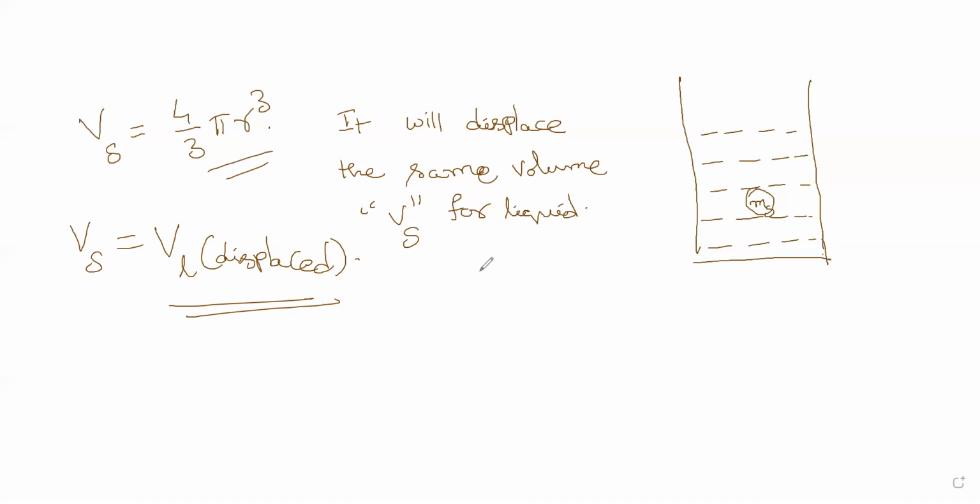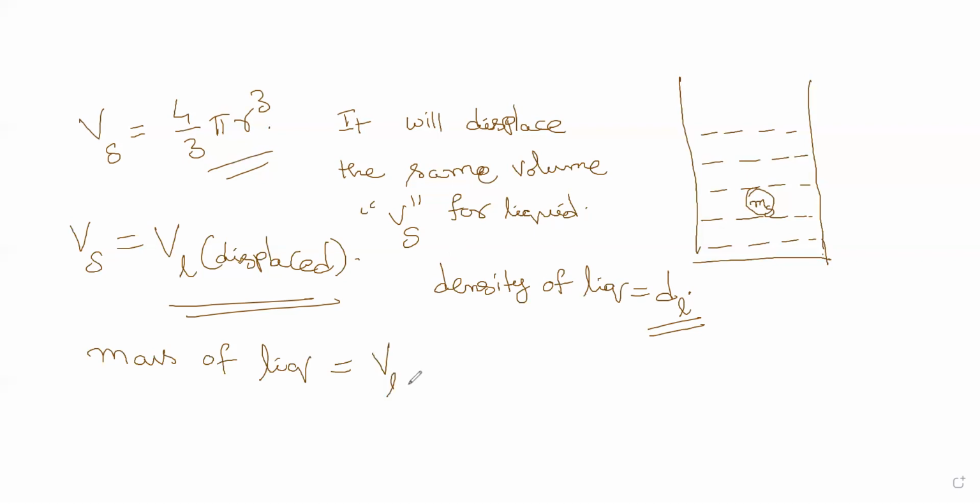The next part what you have to know is the density of the liquid. Let us say the density of the liquid is dl. Now the mass of liquid we will calculate. Mass of liquid is nothing but VL, that is the liquid displaced, times the density of the liquid dl.